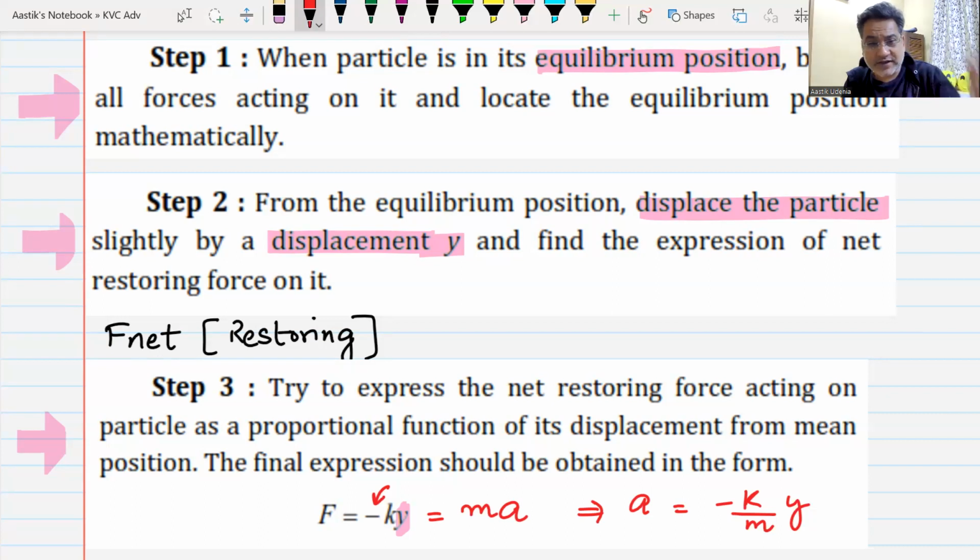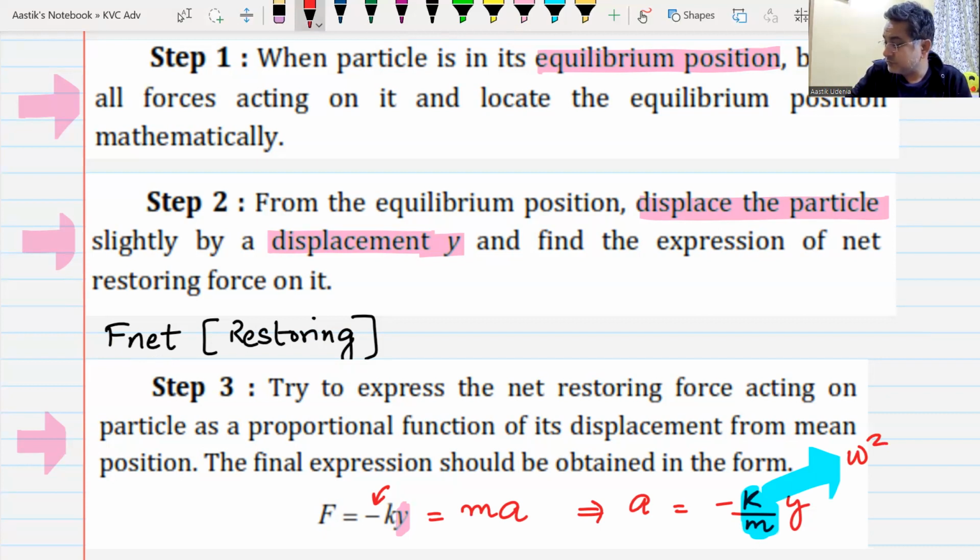As soon as you get your acceleration as a function of x, this entire thing that comes becomes your omega square. So your k by m becomes your omega square. Once you get your omega square, you have solved the problem. Do we understand this, or has this gone above our heads? Have you noted down step number 1? Yes, sir.